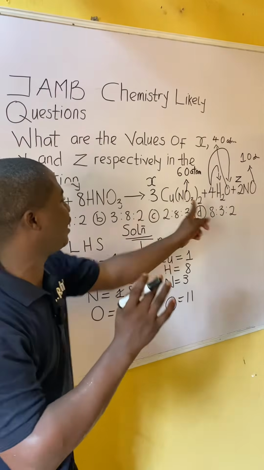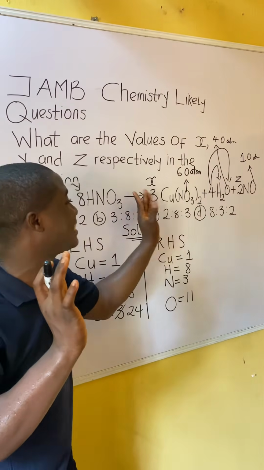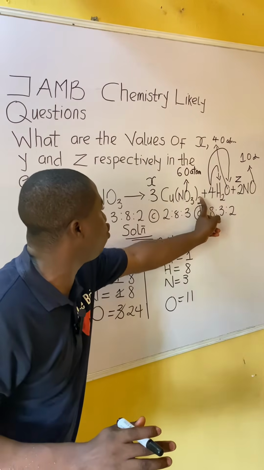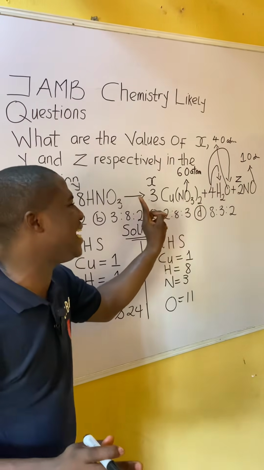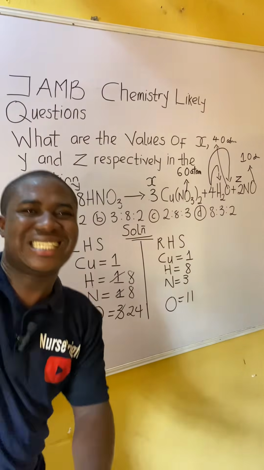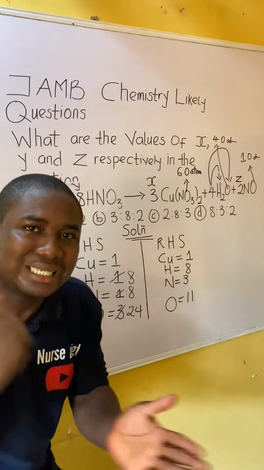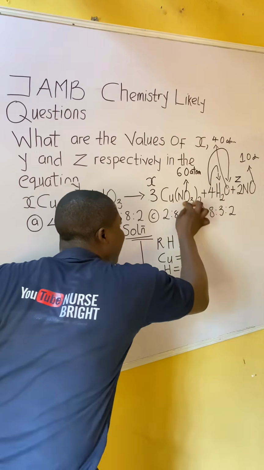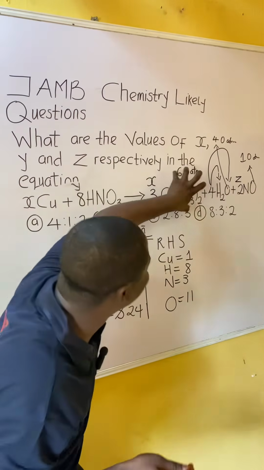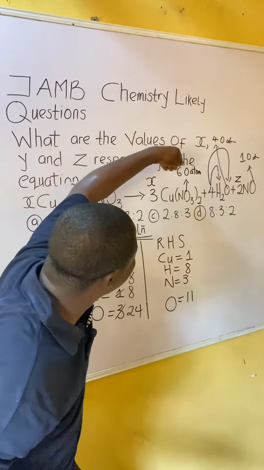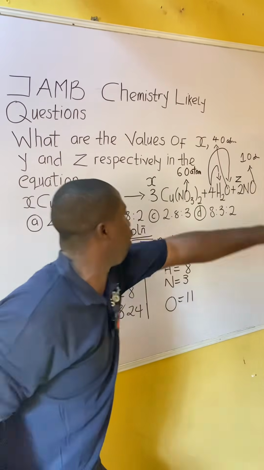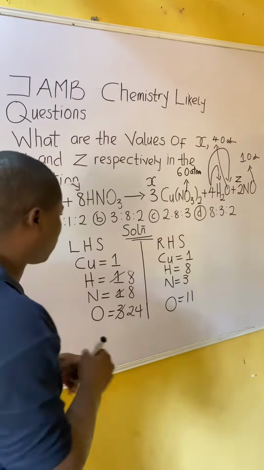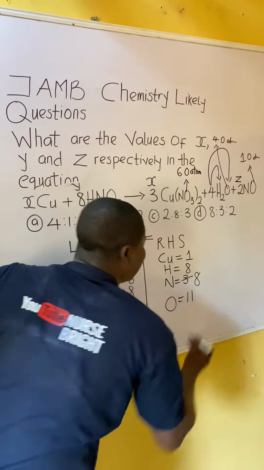We're already having 2 nitrogen, so 3 times that 2, what is that? 6. 6 nitrogen here, plus 2 nitrogen here. What is that? 8 nitrogen. So we've already balanced nitrogen.